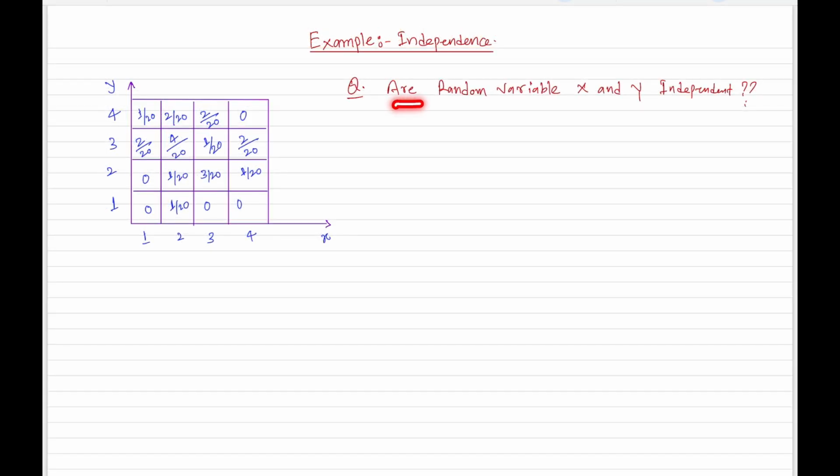To answer this question, we can use the definition of independence of random variables. We just want to check that the joint probability of random variables X and Y is equal to the product of the individual marginal PMFs of X and Y respectively, right?